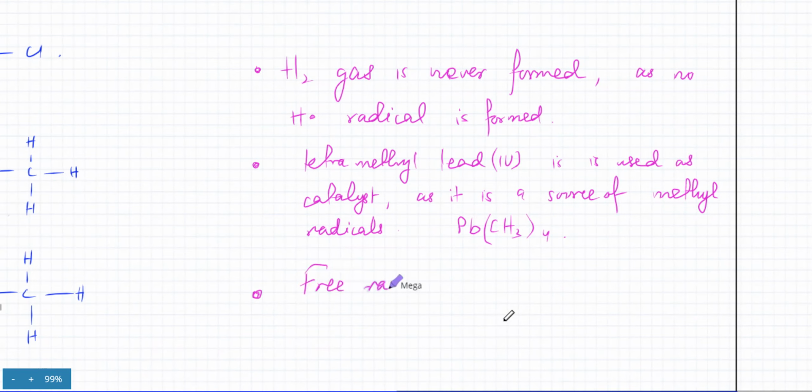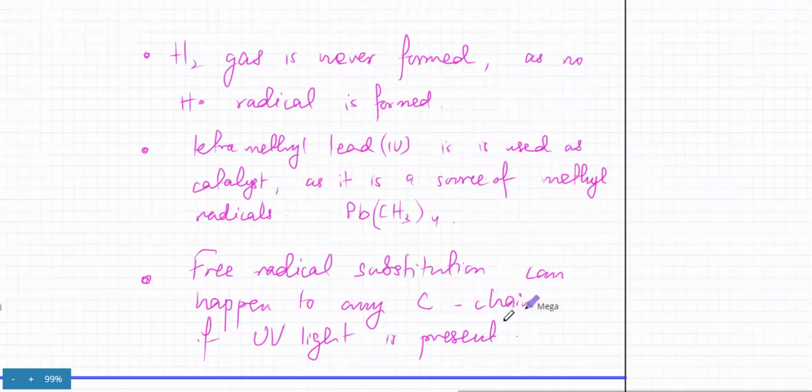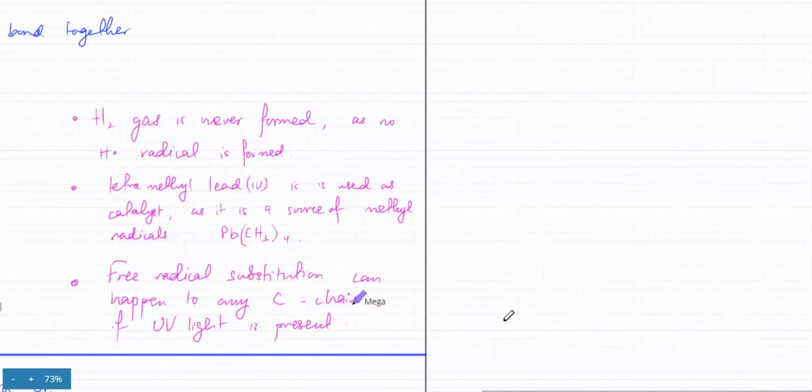It could happen to any carbon chain if UV light is present. So it's not just purely alkanes. It could happen to anything.